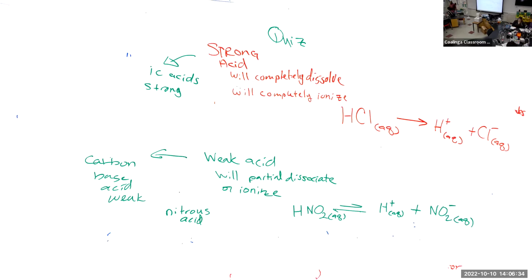So if it has ic, we want to make sure that it doesn't have carbon in it. If it has carbon in it, it's a weak acid. Phosphoric acid is strong. Thiocyanic acid.